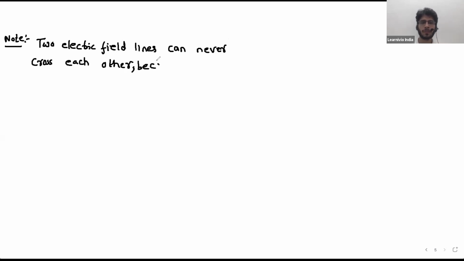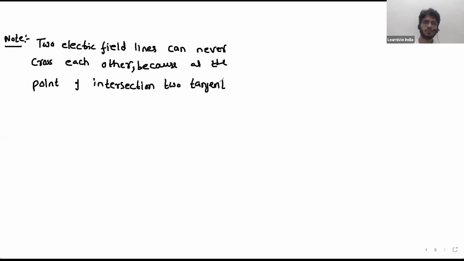Because at the point of intersection, you can draw two tangents.